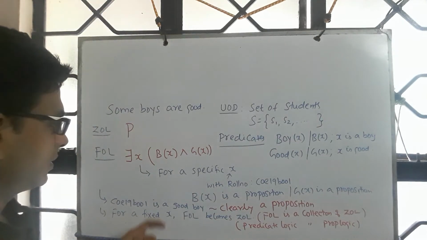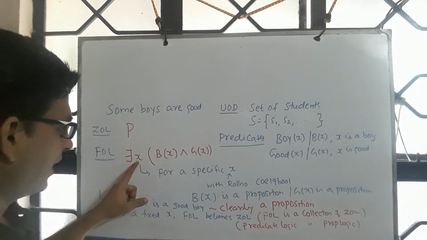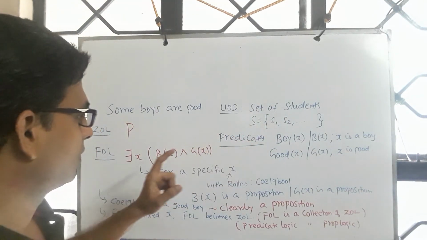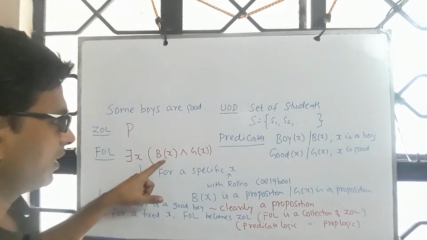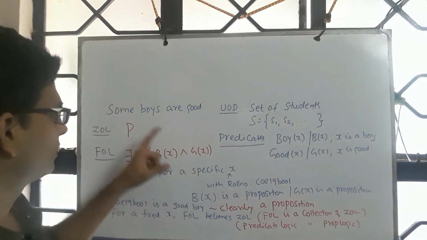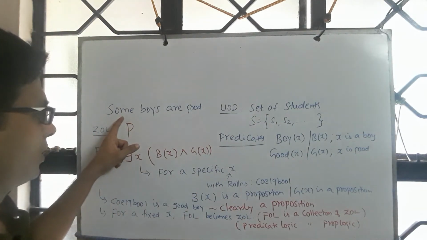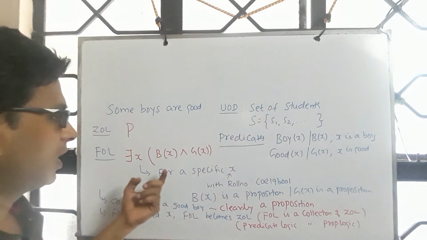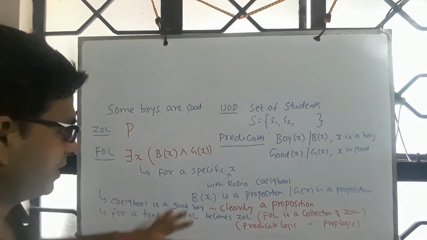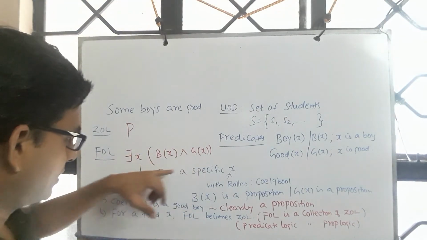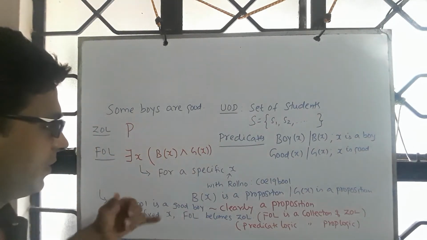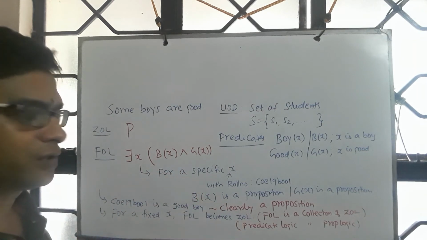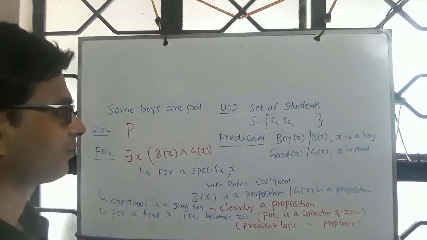So this says at least one element in the universe of discourse is a boy and good. Some meaning at least one. So some elements from this are good. Just now we have seen, although it is a first order logic or a predicate logic, this is actually a collection of zeroth order logic or propositions.